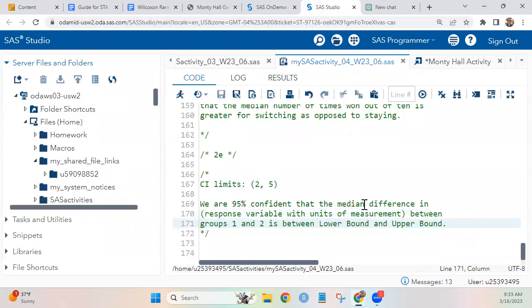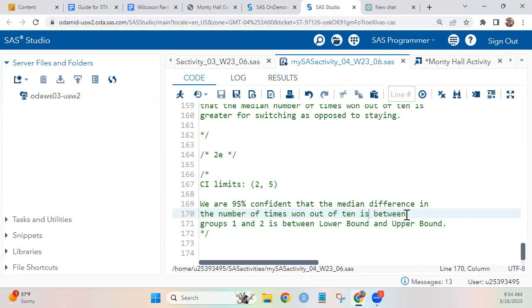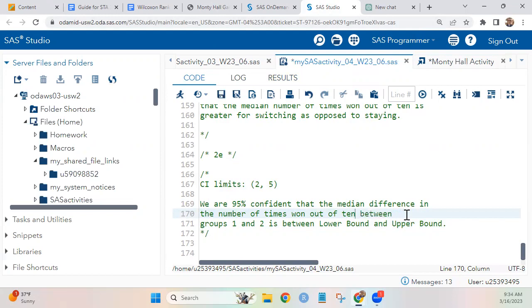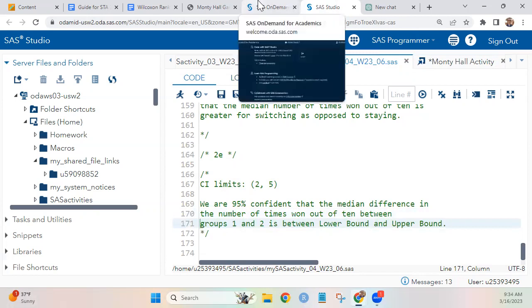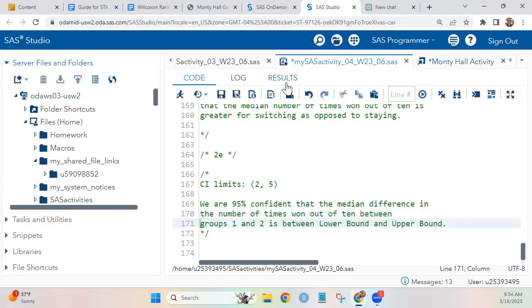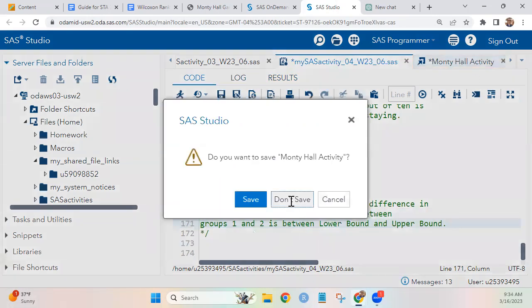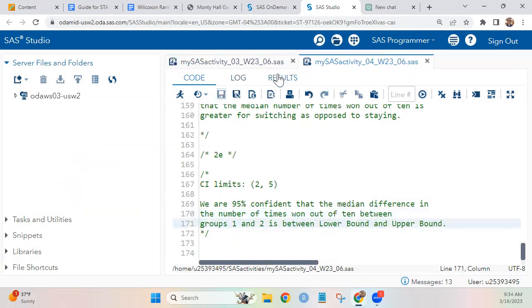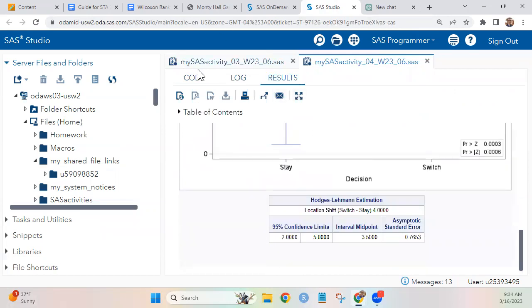Okay, so we are 95% confident that the median difference in the number of times 1 out of 10 between switching and staying.